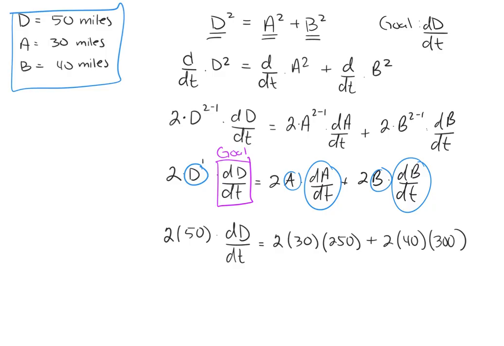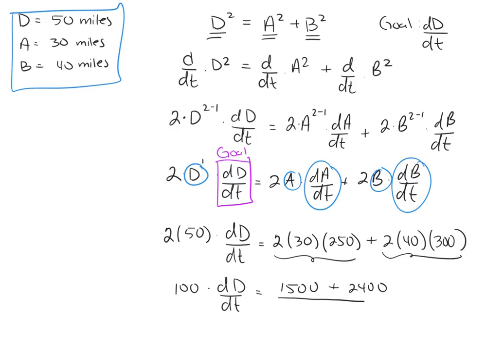Okay, and then now let's just multiply this out. So I've got 100 times dD/dt is equal to, let's see here, 60 times 250, which is 15,000, plus 80 times 300, which is 24,000.